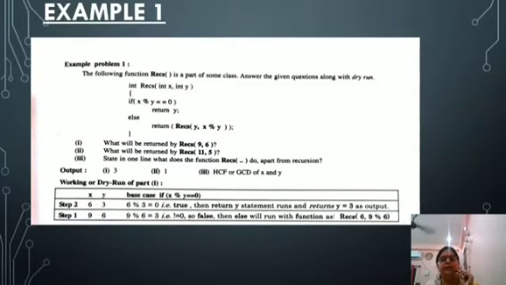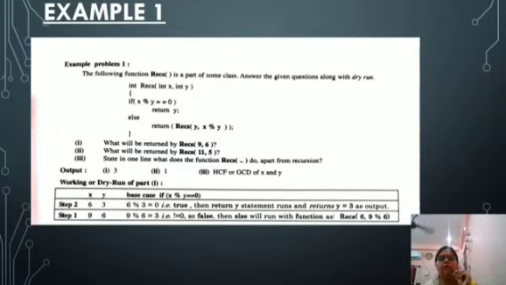See, the base case is if x modulo y is 0. For 6 and 3 the condition is true, so the return y statement runs and returns 3 as the output. And 9 modulo 6 is equal to 3, which is not equal to 0, so false, then the else part will run in the function as recursion of 6 comma 9 modulo 6, that is 3.